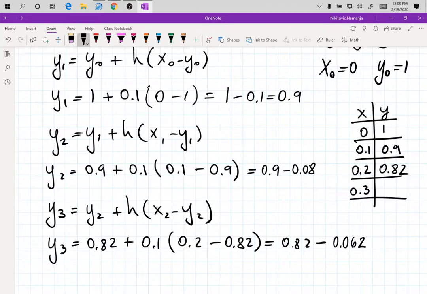I was just testing if you're paying attention, and you are, which is awesome. So the rest of you, that's going to be 0.758. Actually, it should be 0.6. And then you're multiplying by 0.1.